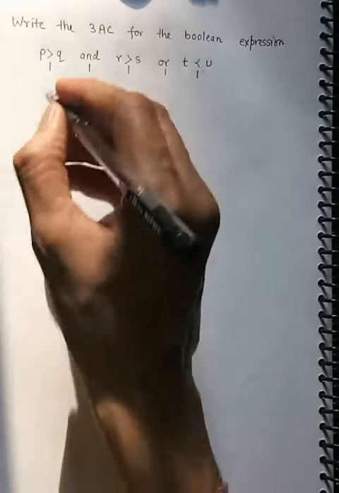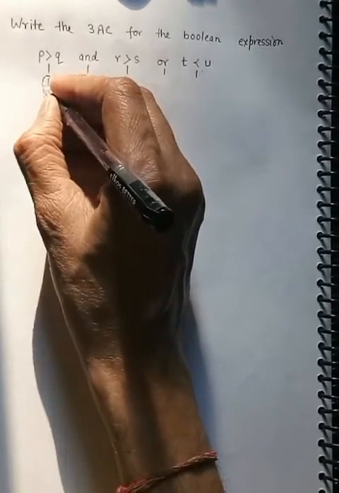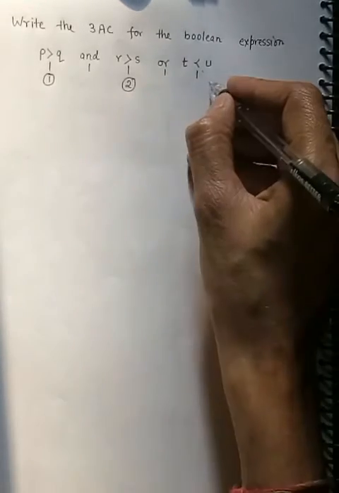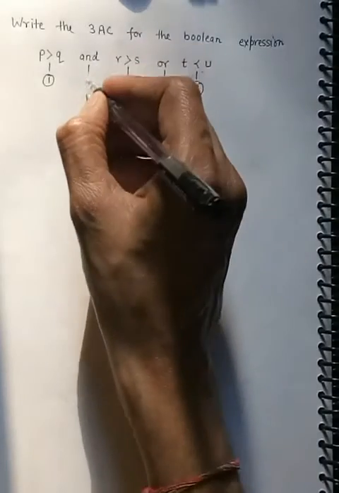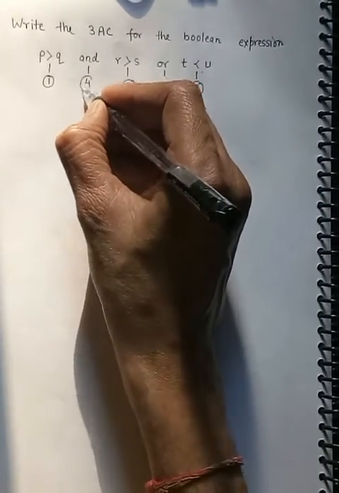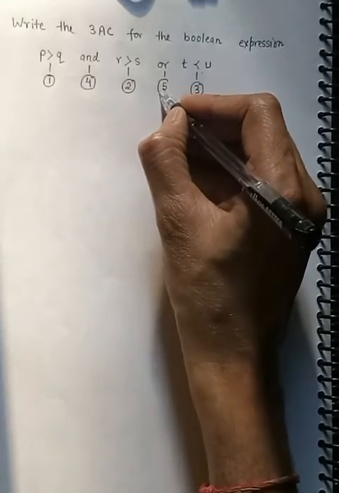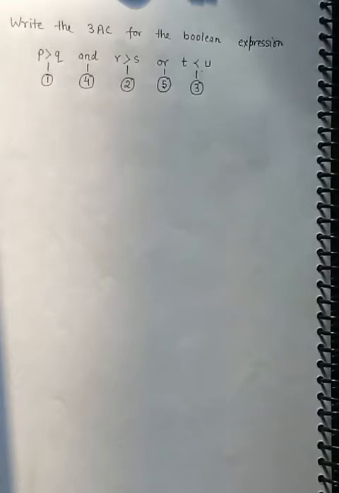So according to the precedence of operators, the first precedence is given to this relational operator, the second precedence is for this one, the third precedence is for this one, the fourth precedence is for the logical AND operator and the fifth precedence is provided to the OR operation. So we will follow this system, by which we are going to design a three address code for a Boolean expression.